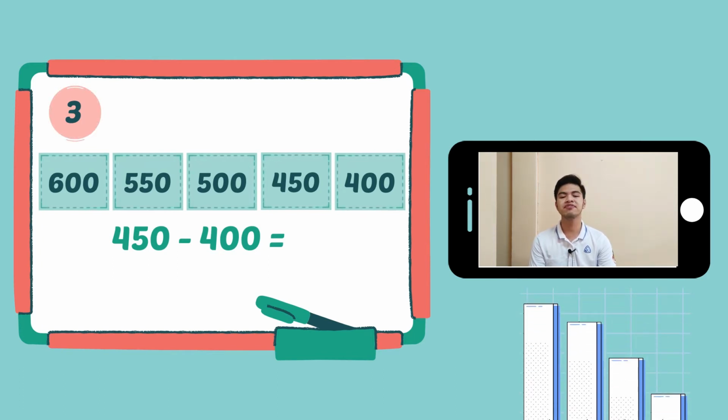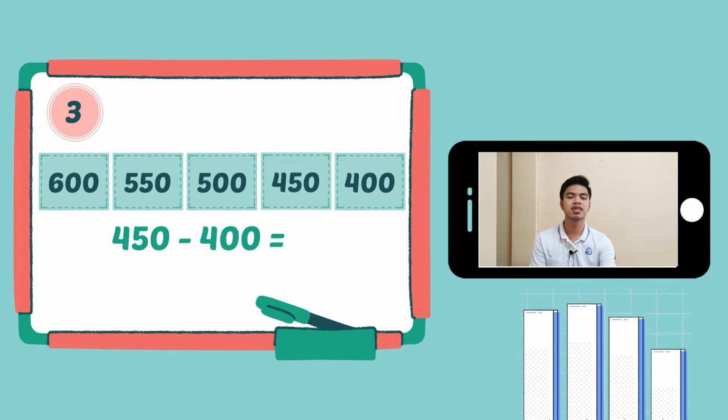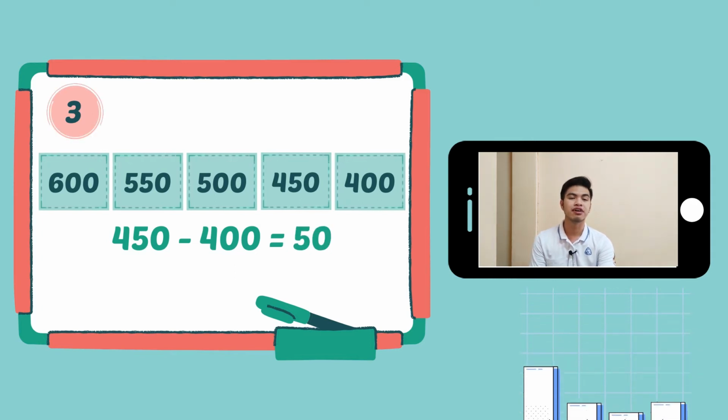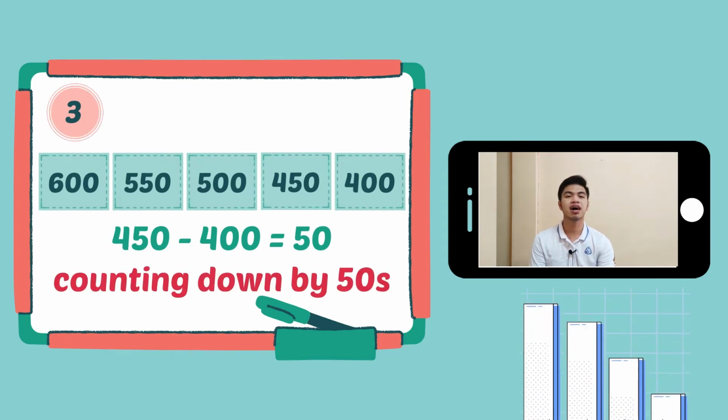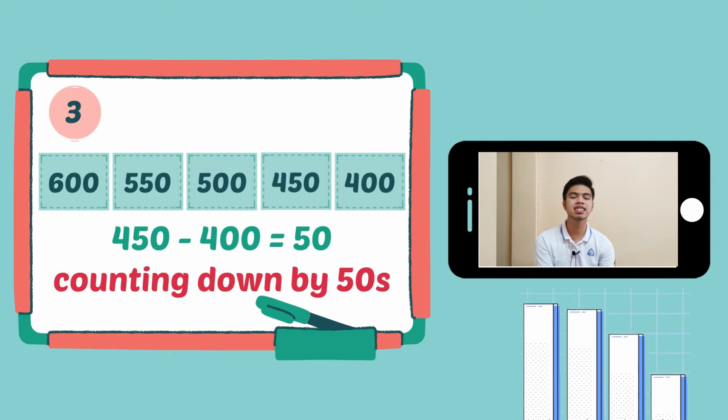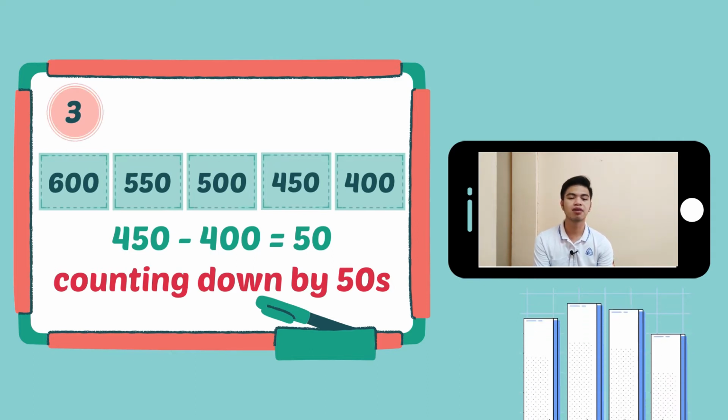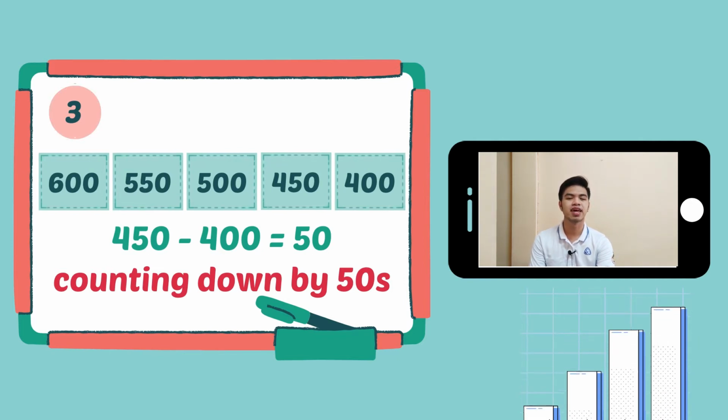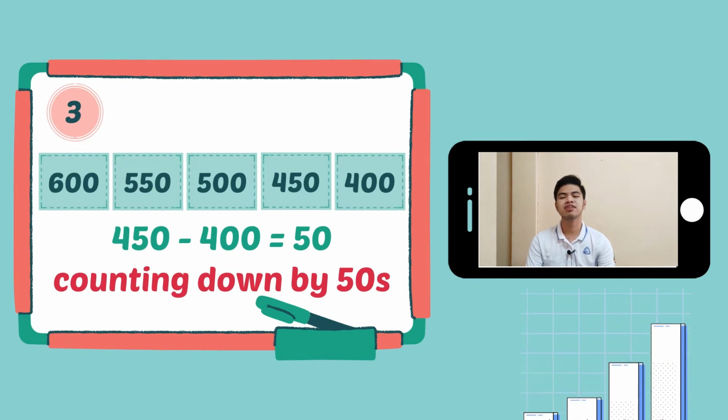So 450 minus 400 is equal to 50. Alright, and then we're going to write 50. The counting down of this number pattern is counting down by 50s. Alright? Can you follow so far? Alright, so let's go to number 4.